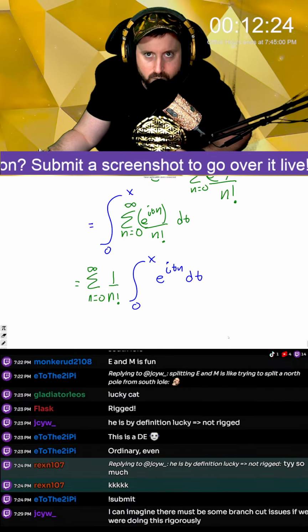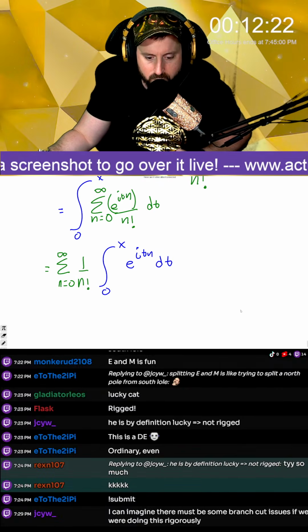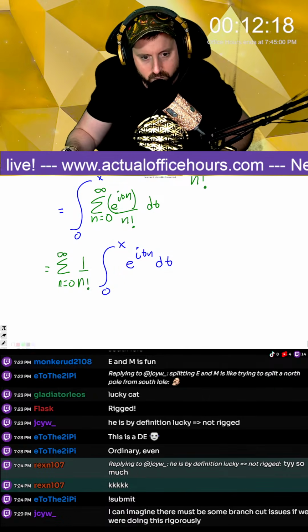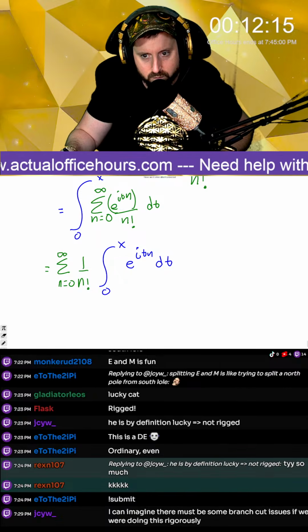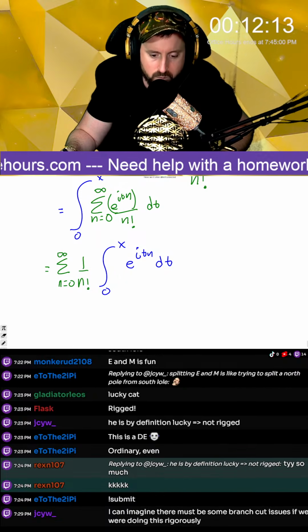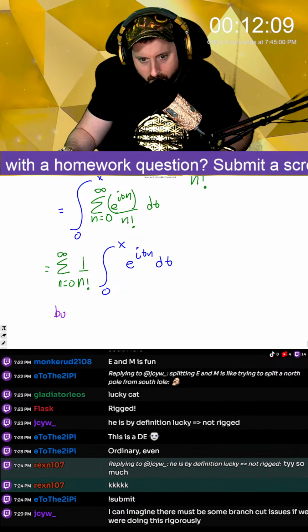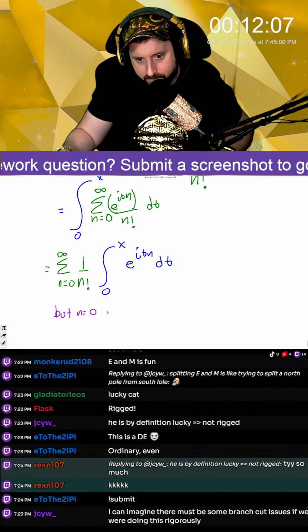If we take a look really quickly at our n equals 0 case, we'll see that we just get the integral of 1 dt. So we can pull out n equals 0 and start the sum from n equals 1, because n equals 0 just evaluates to x.